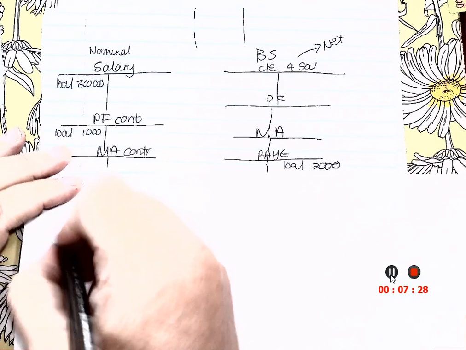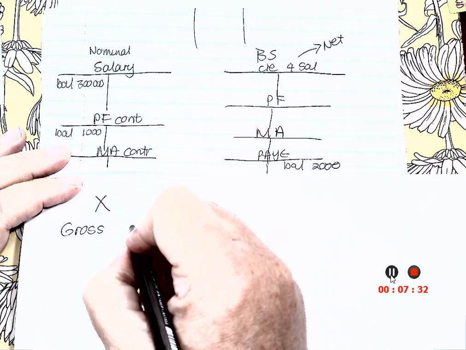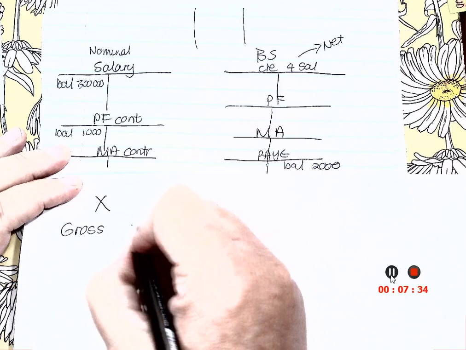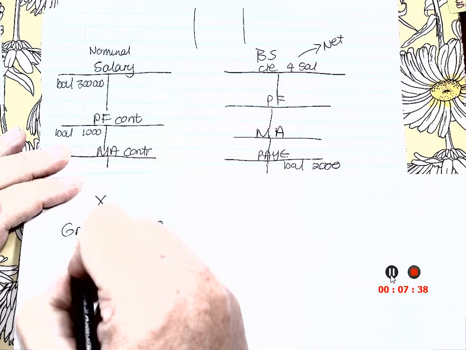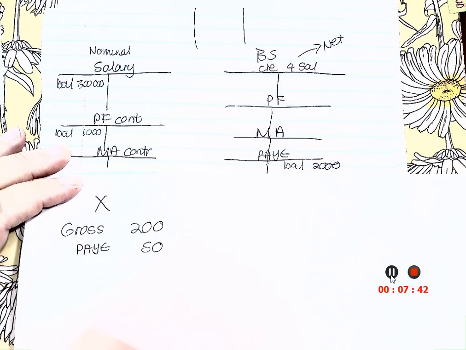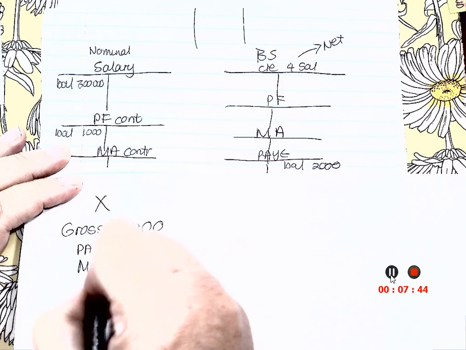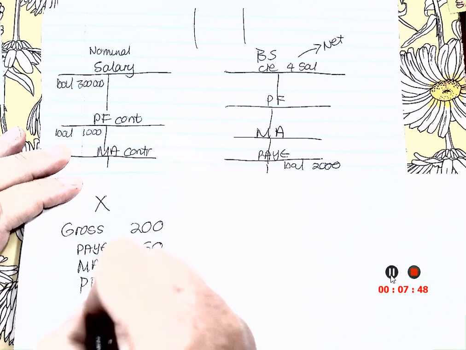And you say her gross is, I'm going to make it a small amount so that my life isn't difficult, 200 Rand. She has a PAYE of 50. She has a medical aid of 20. And she's got a pension of 20.